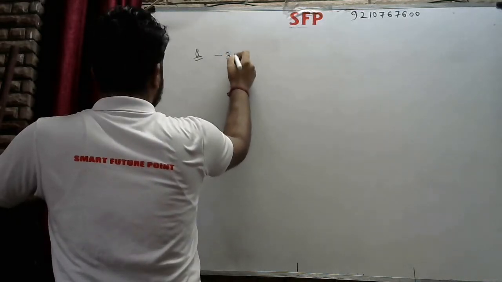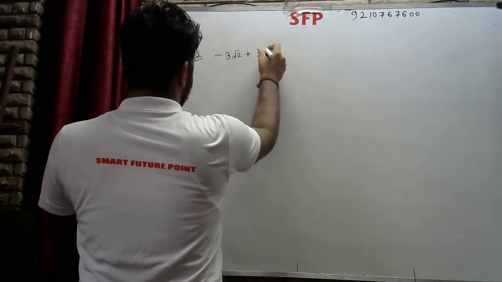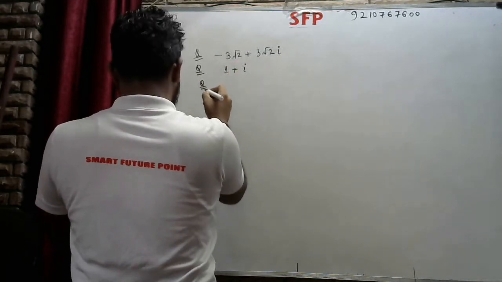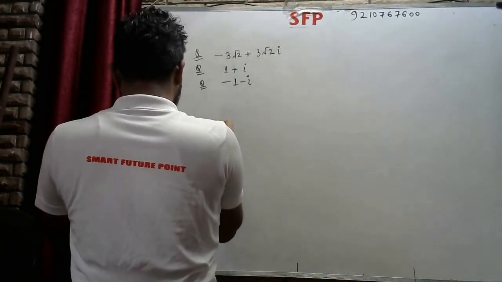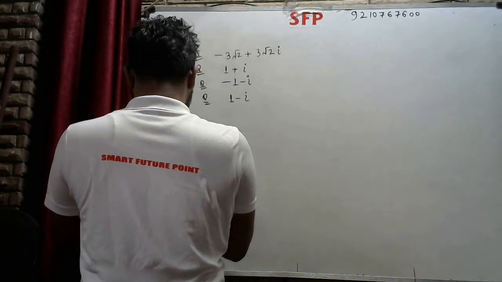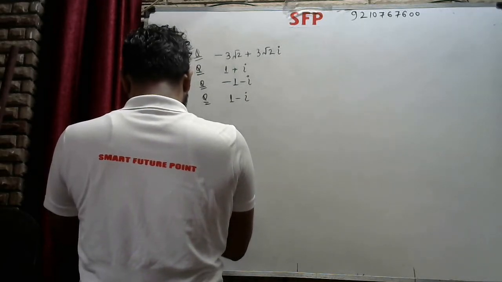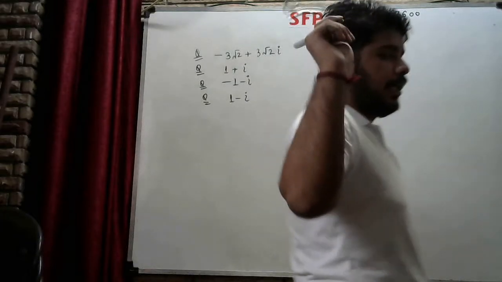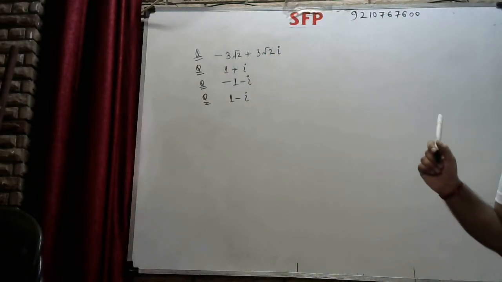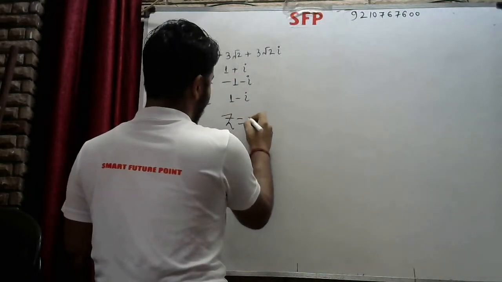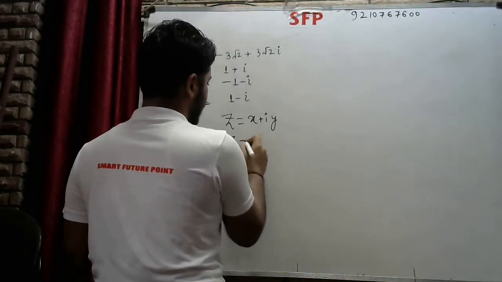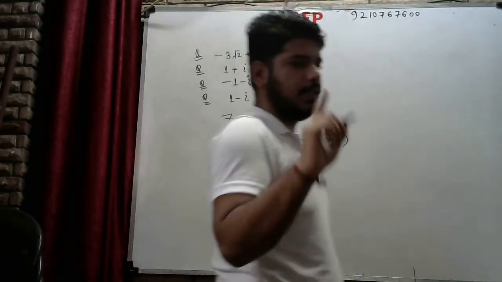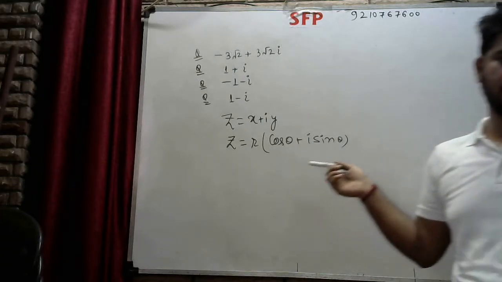Question is -3 root 2 plus 3 root 2 iota. Now I have to represent this question in the polar form. Let's see how we can represent it. We know if z is equal to x plus iota y, then z can be represented as r cos theta plus iota sin theta, where r is the modulus and theta is your argument.